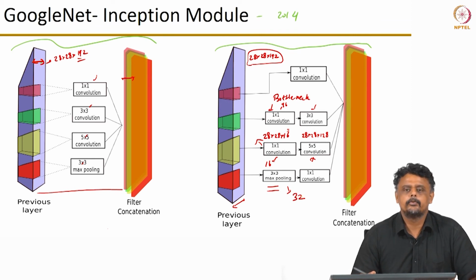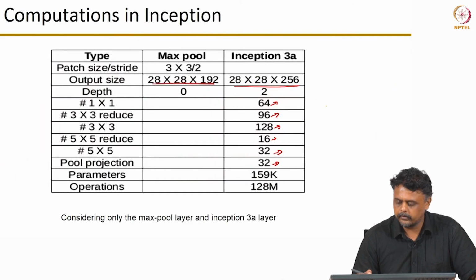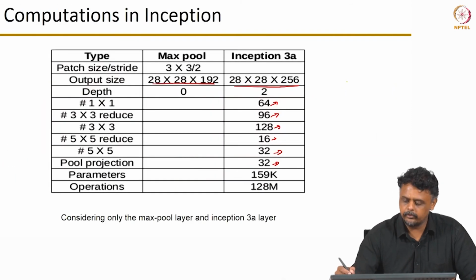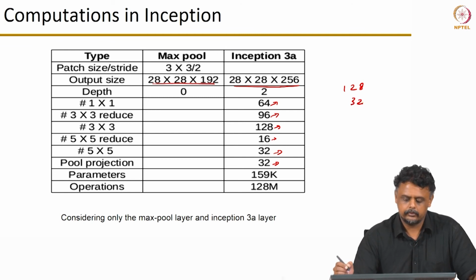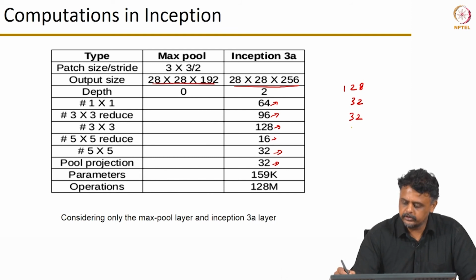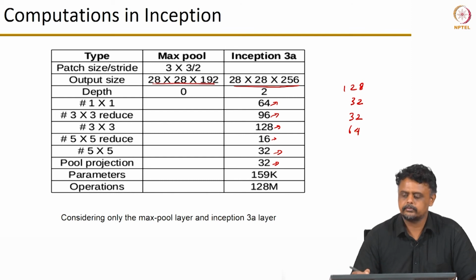The 3 by 3 produced 128, and the 5 cross 5 produces 32. The pooled projection layer produces another 32, this is a max pooling layer, and the 1 cross 1 convolution itself produces 64.